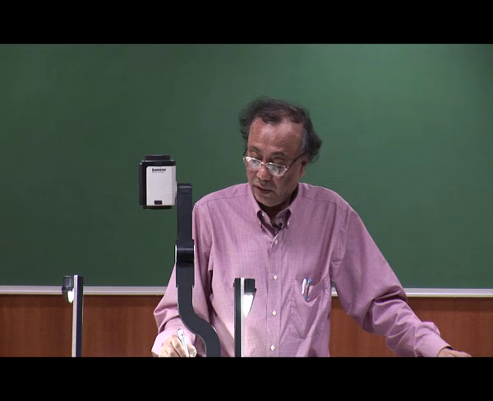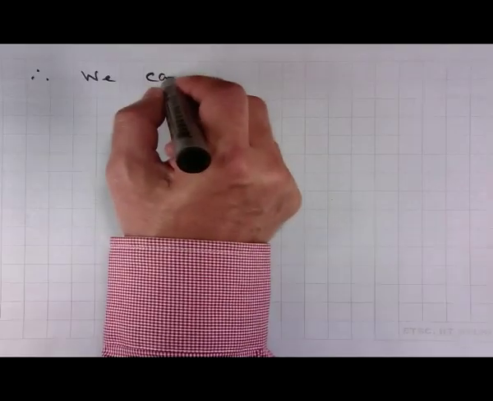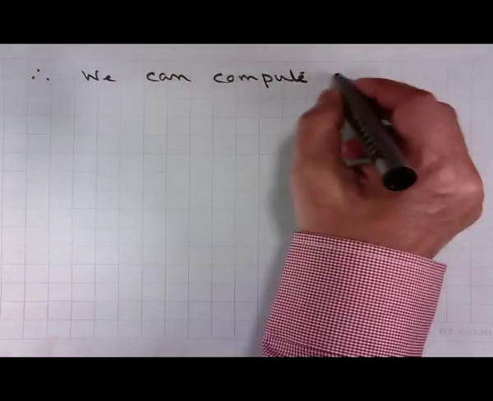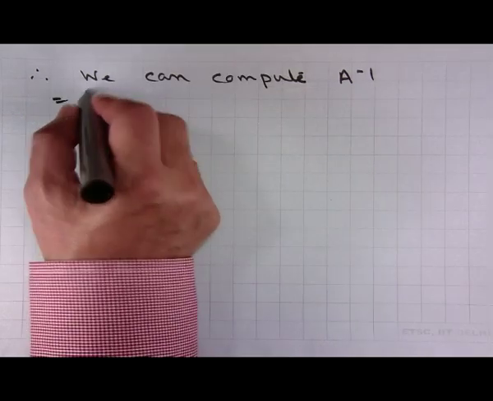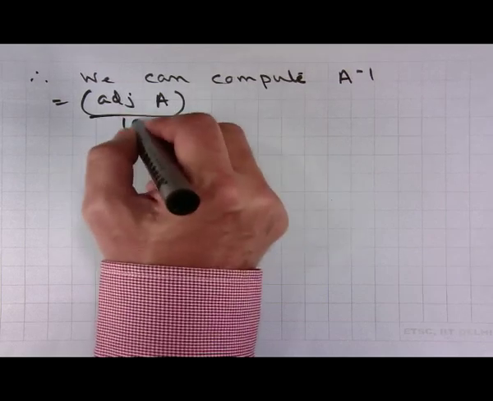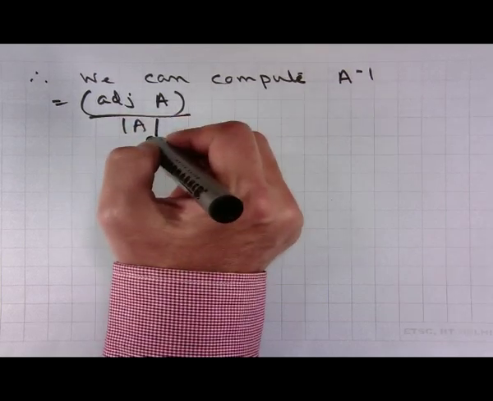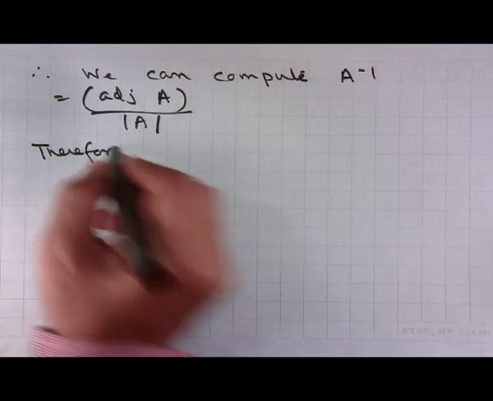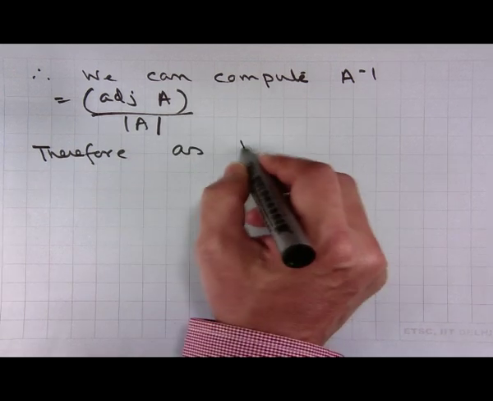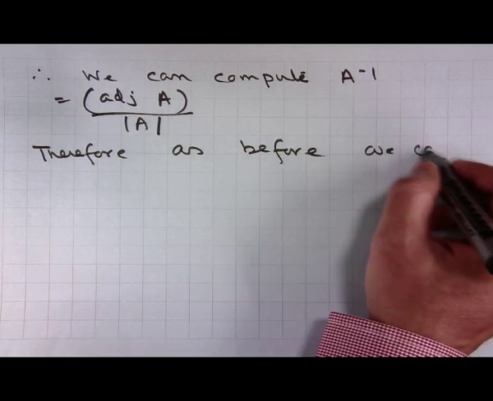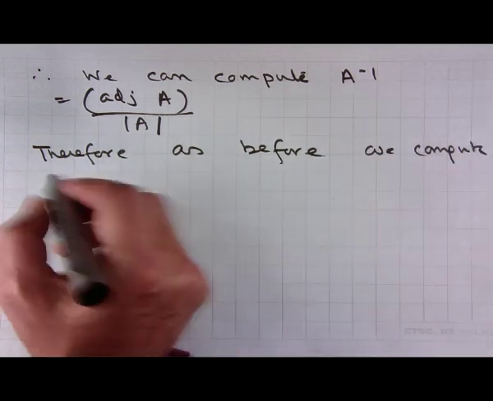Therefore, we can compute A inverse is equal to adjoint of A divided by determinant of A. Therefore, as before, we compute the cofactors.